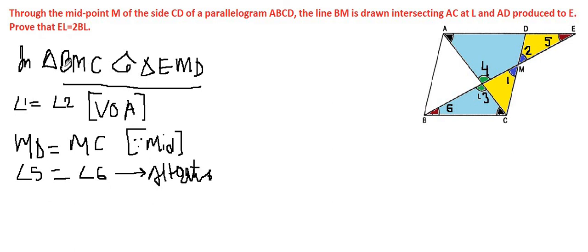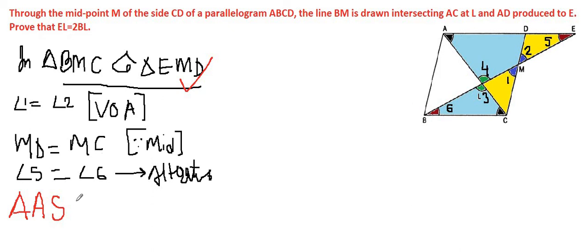Hence we can say that triangle BMC is congruent to triangle EMD by AAS, the angle-angle-side congruency rule.